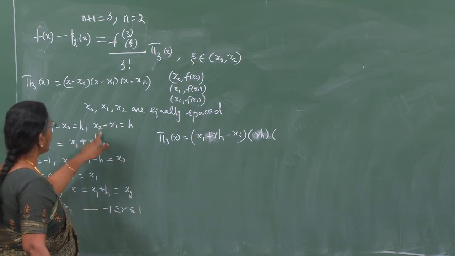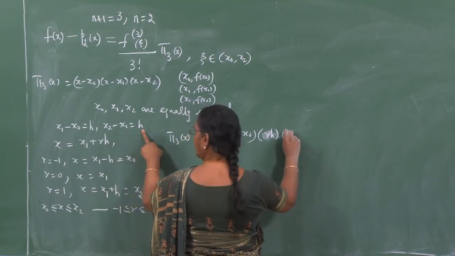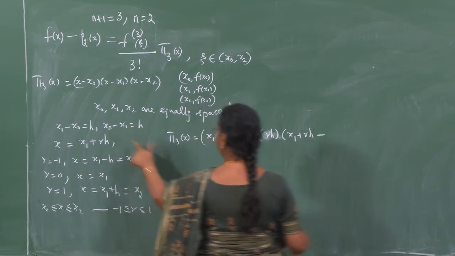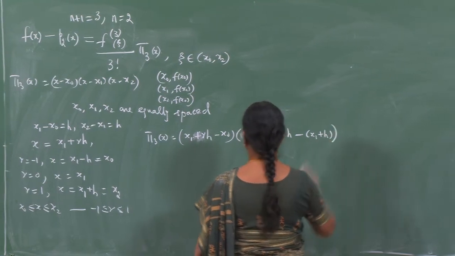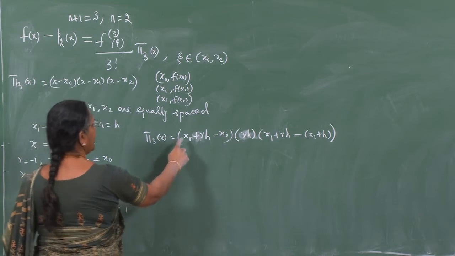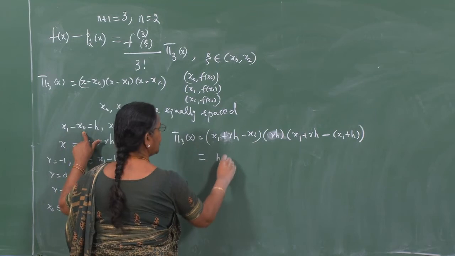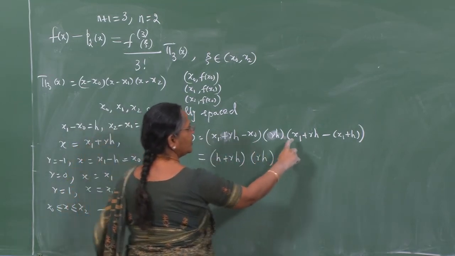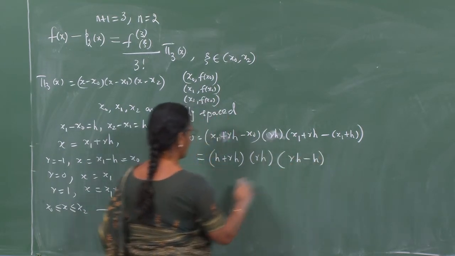What is x2? x2 is x1 plus h. So, x is x1 plus rh minus x2, which is x1 plus h. This gives me x1 minus x naught, which is h. So, h plus rh into rh into, x1 gets cancelled, so I have rh minus h.